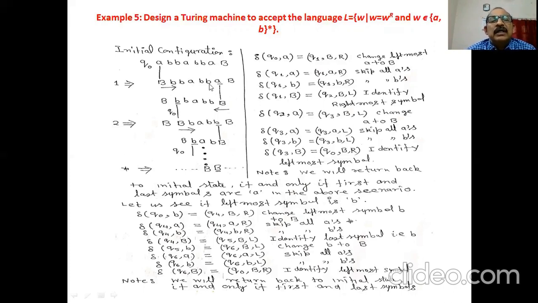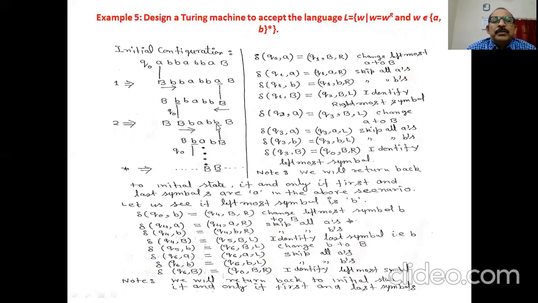Next, we move in the left direction. If b is encountered, we go in the left direction, and at this time you can see b is encountered. We remove this b by a blank symbol and move in the right direction.